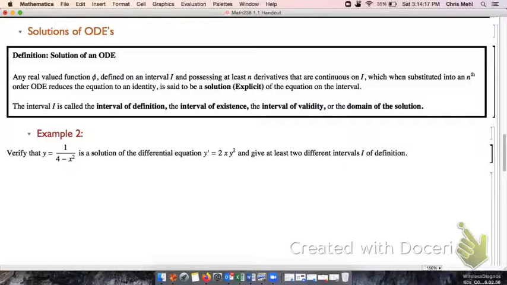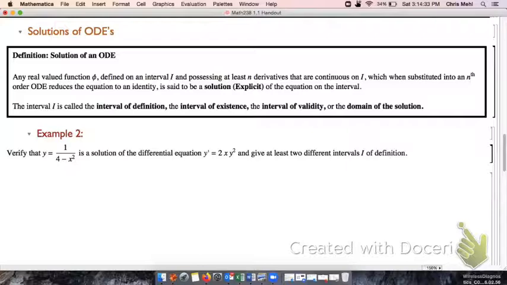So that function has to be defined on the interval as well as all of its derivatives. They must be continuous on that interval, and they have to reduce the differential equation to an identity when you substitute it and its derivatives in.